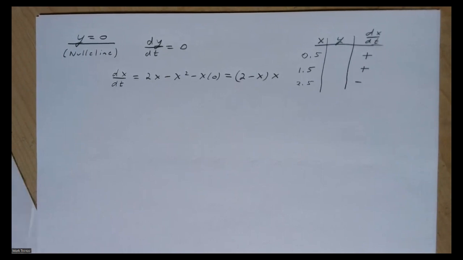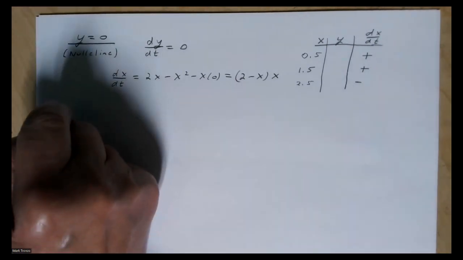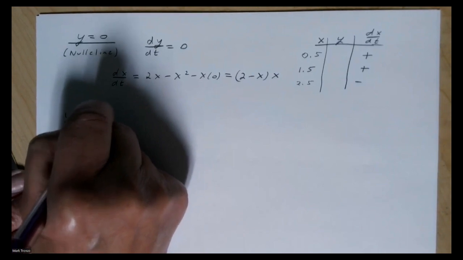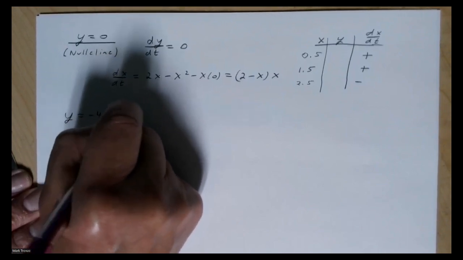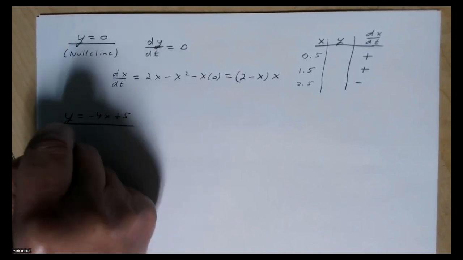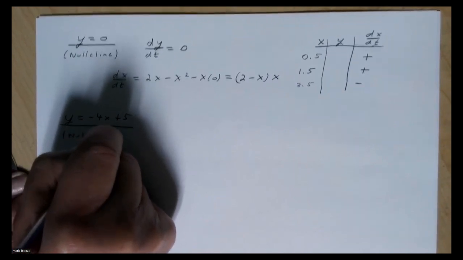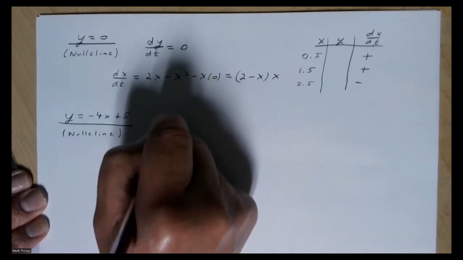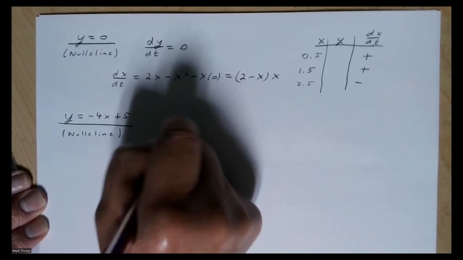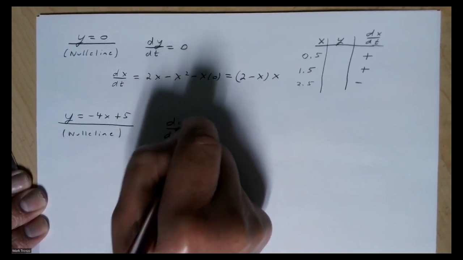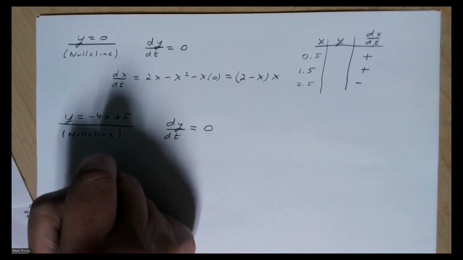So let's see, we have just one more nullcline to look at. That was the nullcline y equals minus 4x plus 5. Here's another nullcline. And once again, that was a y nullcline, so we know dy/dt is going to be 0.